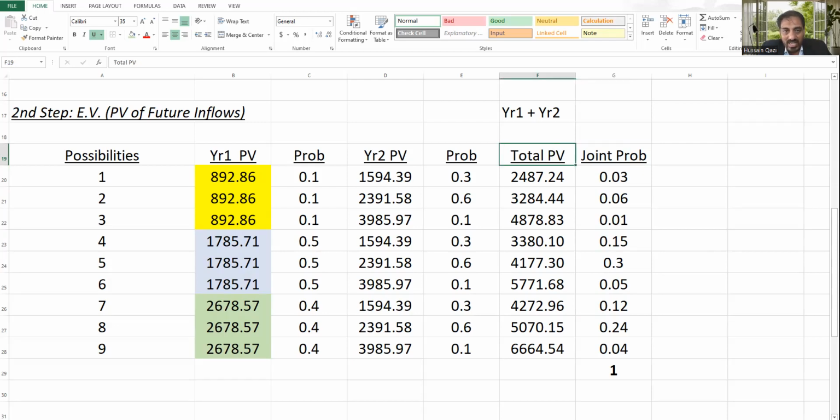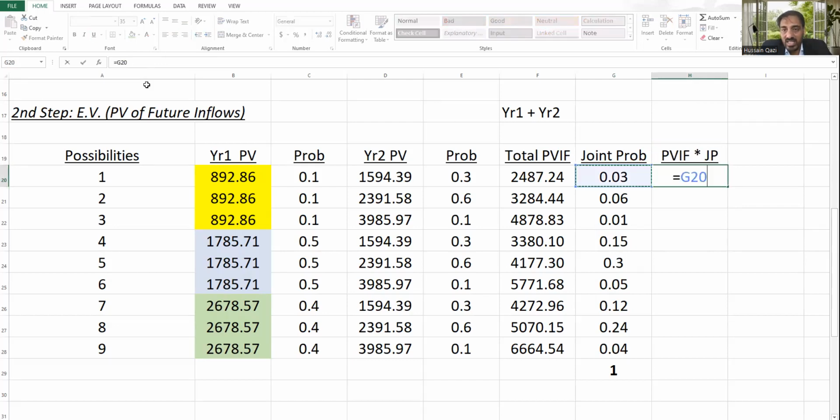And just calculate, for example, here, now we need to calculate present value multiplied by joint probability. Now these present value inflows need to consider the joint probabilities.